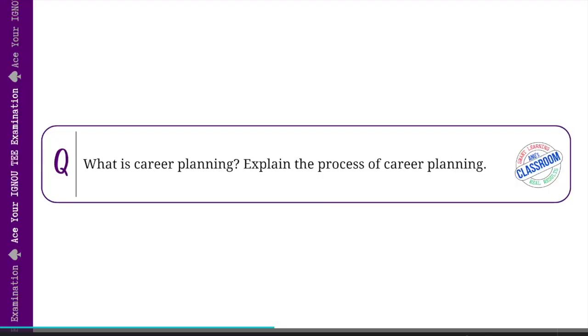Because career planning will help organizations retain talented employees, encourage continuous learning, and keep organizations competitive by preparing their people for future challenges. So, in short, career planning is not just about climbing the corporate ladder, it is about building that ladder one thoughtful step at a time when it is viewed from the organization's perspective.